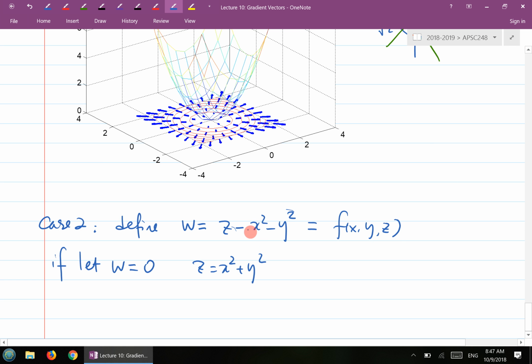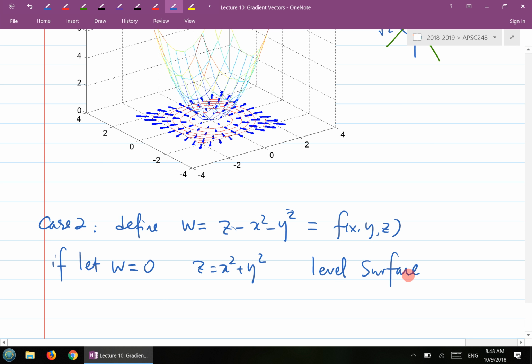But if I still want to visualize this function of 3 variables in 3D, then one way to do it is to let w equal to different constants, and then plot out each. Once you let w equal to a constant, for example 0, then you end up with just a function of 2 variables. So you can sketch that as a surface. This is basically what we call a level surface, right? It's called a level surface.